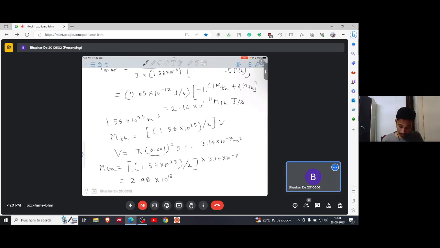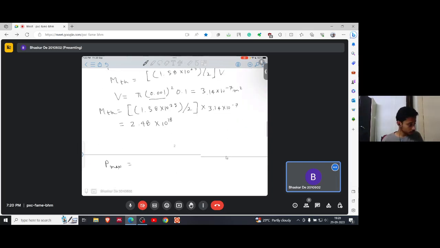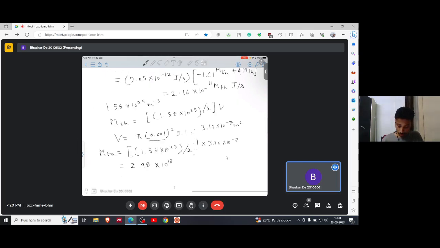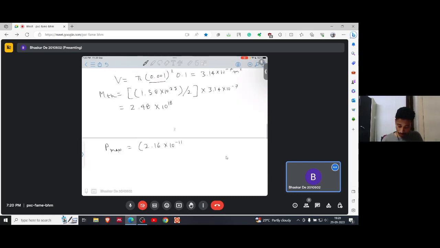Now we can calculate the Pmax, that is 2.16 into 10 to the power minus 11 into 2.48 into 10 to the power 18 joule per second.